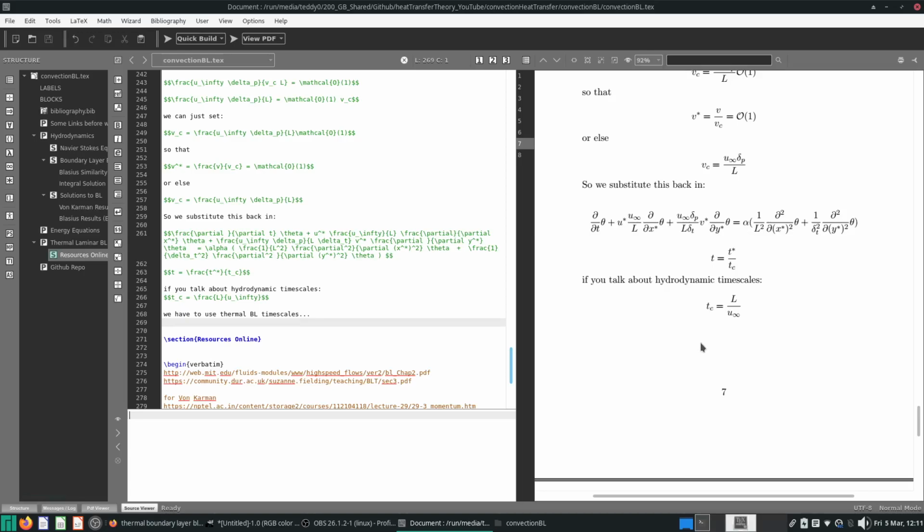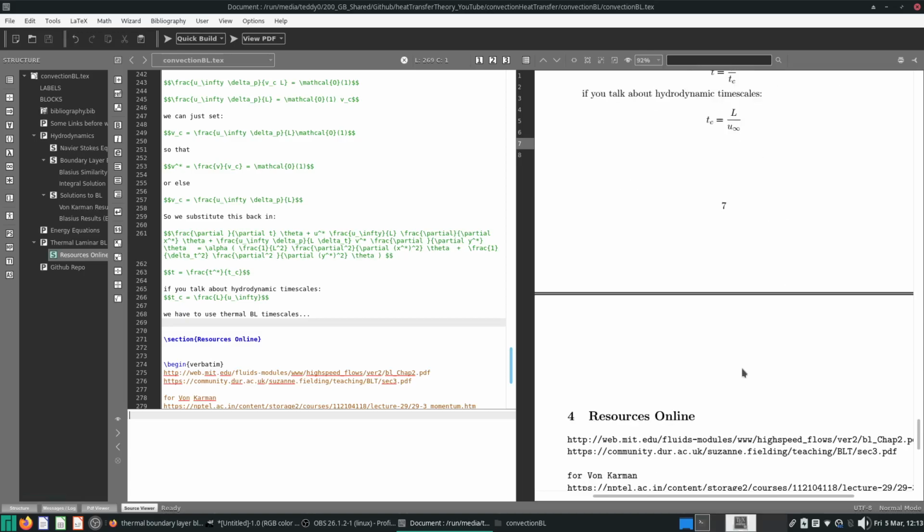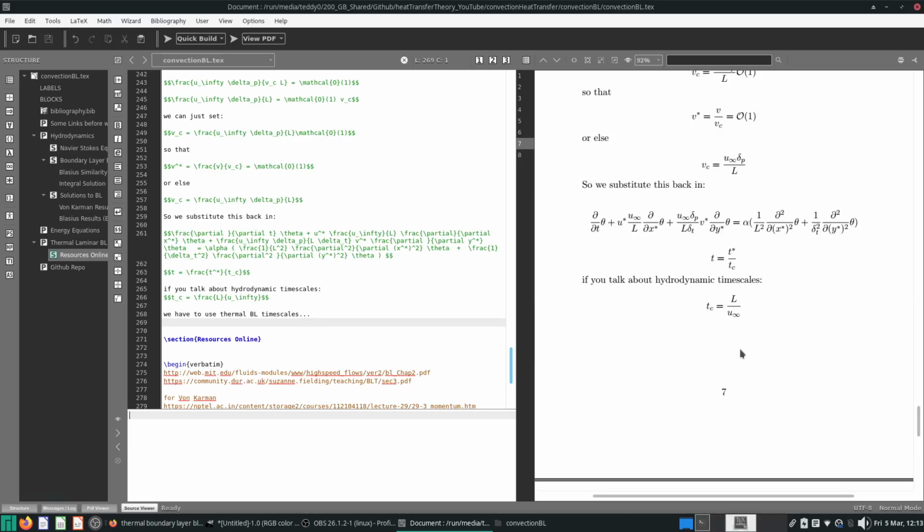The rate at which this thermal boundary layer starts to form is based on alpha, among other things. There are relative characteristic timescales between the hydrodynamic timescale and of course the thermal timescales. Those are for transient problems.